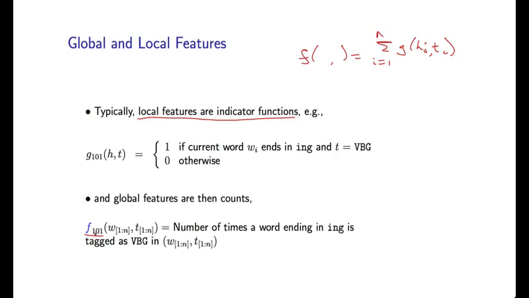In this particular case, f101 is going to be the number of times a word ending in ing is tagged as VBG in this entire sequence. So while the local feature vectors are indicator functions, the global feature vectors are actually counts of different occurrences within the tag sequence.